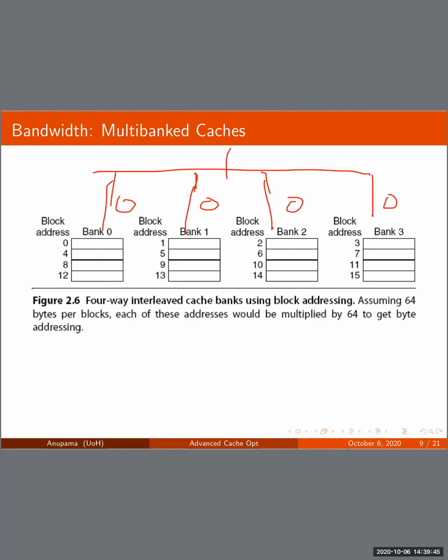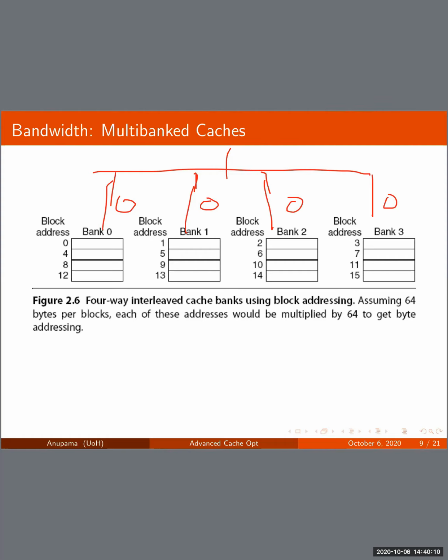But let me put it this way, the main advantage they usually gain from this is that you want to read what is called a wide word. The word is 4 bytes, but a wide word is 4 into 4, 16 bytes sort of a thing.